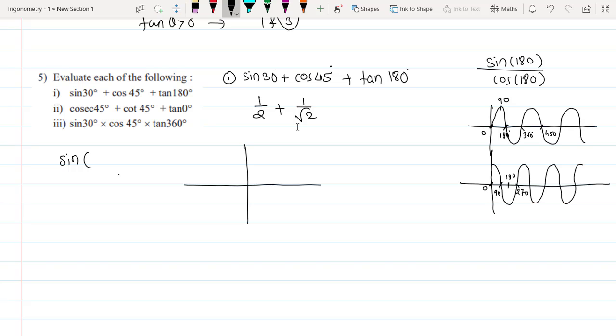So how do you write the odd multiple? 2n plus 1 times pi by 2. If this is the case, then only your sine is plus or minus 1.